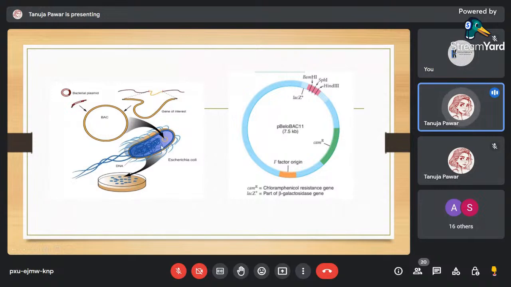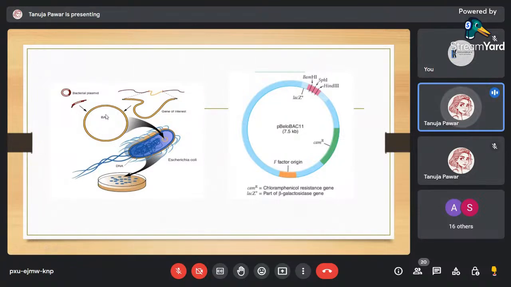After insertion, as it has an ori site and multiple cloning sites, it replicates in this bacteria, and we get colonies showing the characteristics of that chromosome.